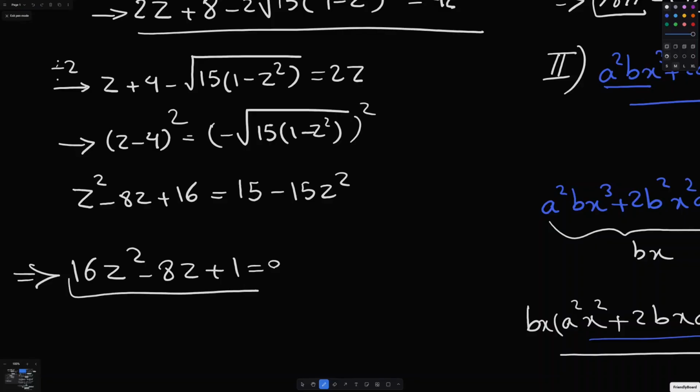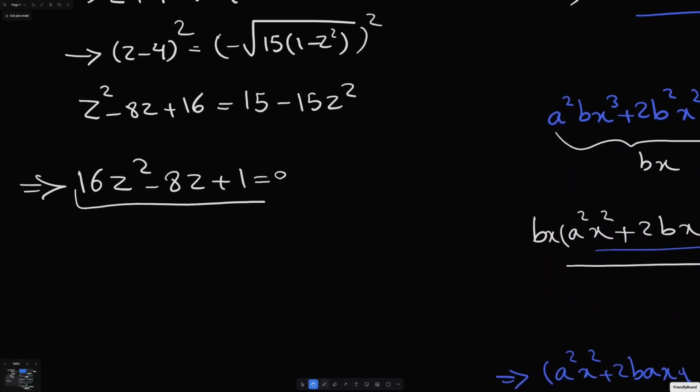This is now a quadratic that we have. Let's just solve this quadratic. It's very simple now. You could solve it with the delta, but remember we have a 16 here, so you could solve this by completing the square. I can just say what this is by looking at it. This is going to look something like 4z minus 1 to the power of 2.